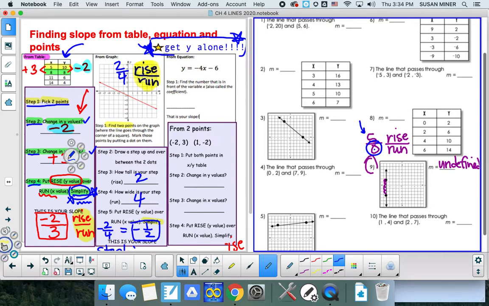Just the 5 items is one group. So there's no way to divide things into 0 groups. That doesn't exist. That's not mathematically calculated. And so in this case, when my run is 0, then we say that the slope is undefined because we cannot calculate a number on top divided by a 0 on bottom. That's not a mathematical problem that we can actually calculate. So we say it's undefined.